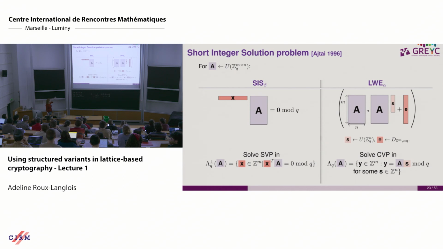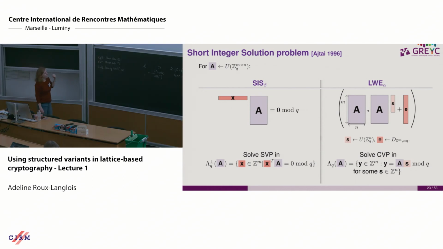It's because they are also hard problems on lattices, but this time the lattices are defined by a uniform matrix A. We call them average instances, which means that they will always have the same difficulty because of this average instances and the fact that A will be sampled uniformly each time differently.